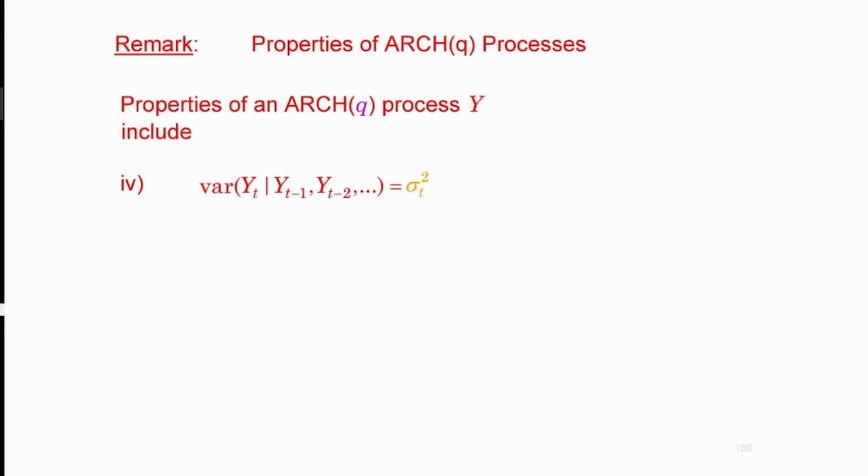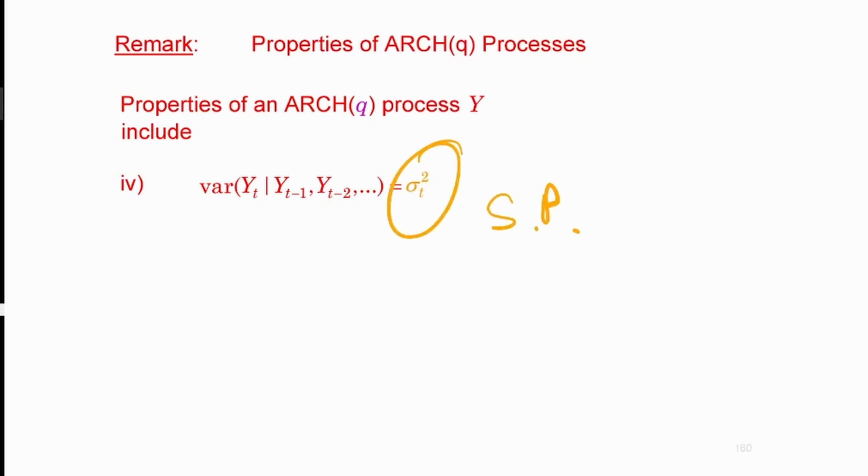In general, if these parameters, alpha 1 to alpha q, are not zero, then there is going to be some sort of time dependency involved. And not just that, it's also going to be stochastic. Not just a deterministic trend in the conditional variance of the process, but some sort of stochastic conditional variance, because that is going to be a stochastic process.